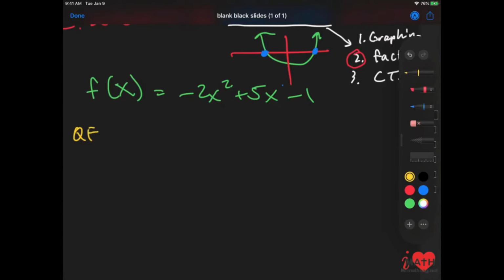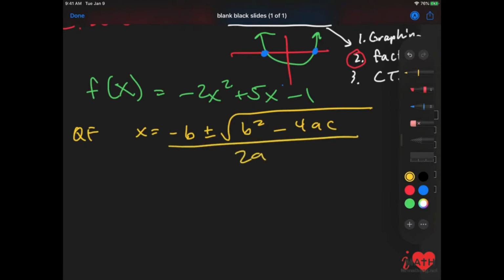What is the quadratic formula? Always write it down. X equals -b plus or minus the square root of b squared minus 4ac all over 2a. Let's make sure we know that here's my a value, b value, and c value.